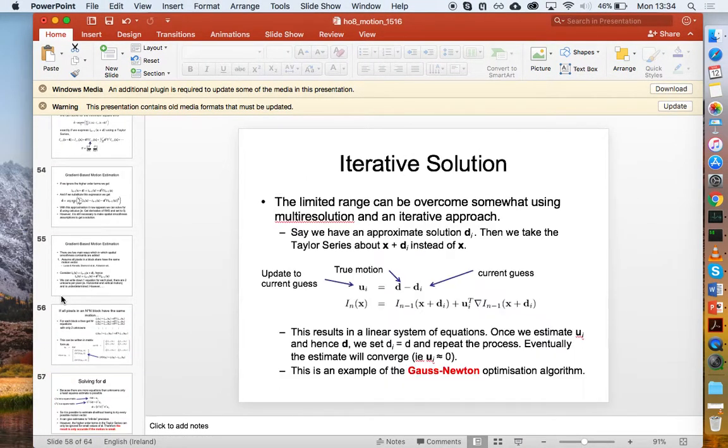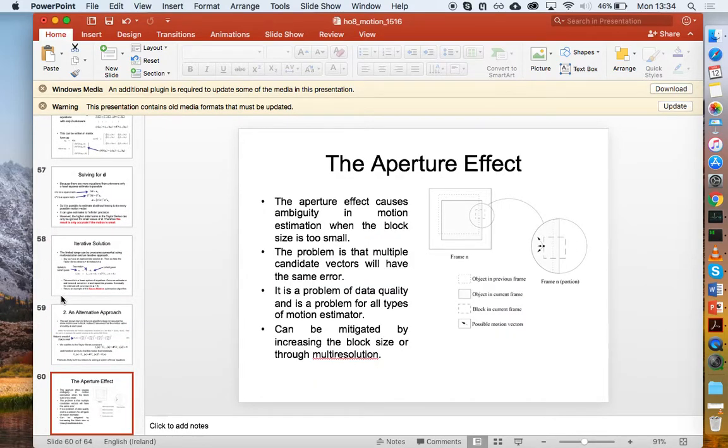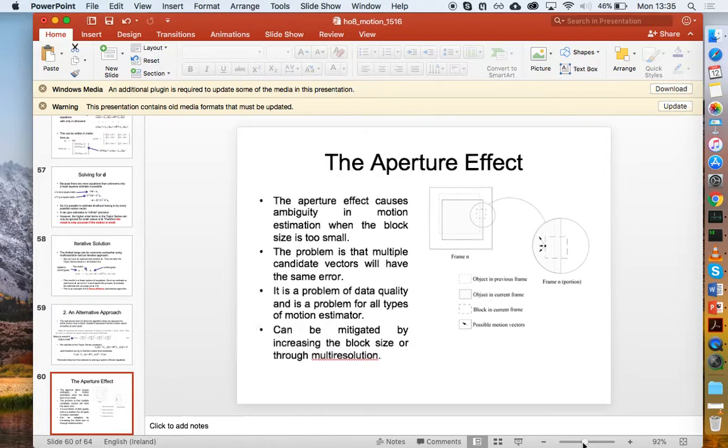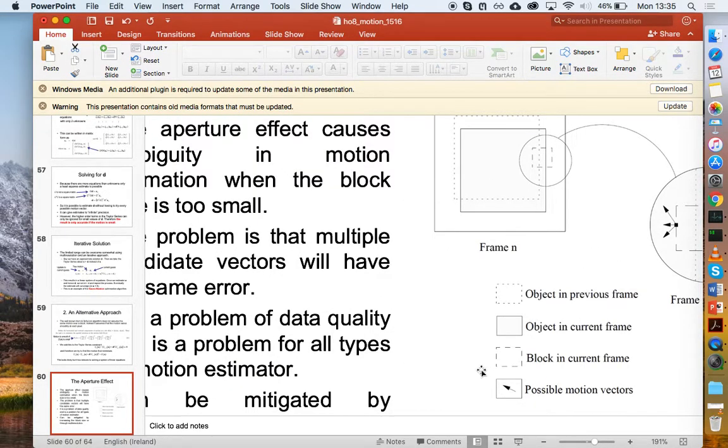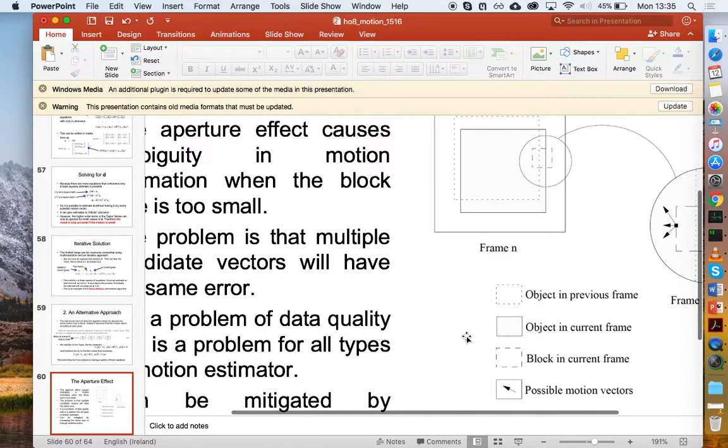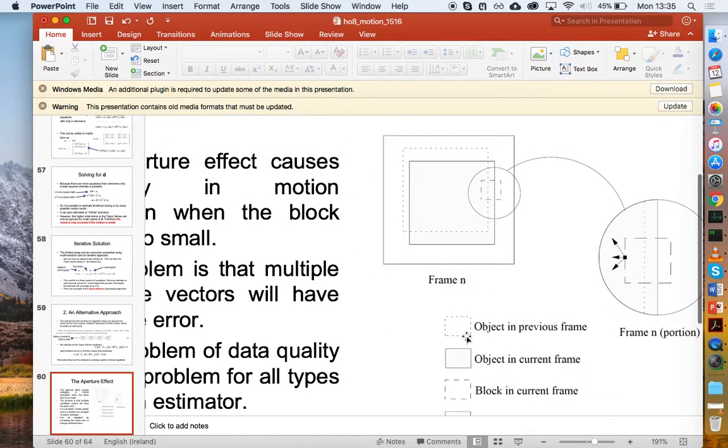This will be in the slides. So, more examples of the aperture problem. If you look here, you can see it's all about locality. You have the square, your object is a square, it has moved a bit.